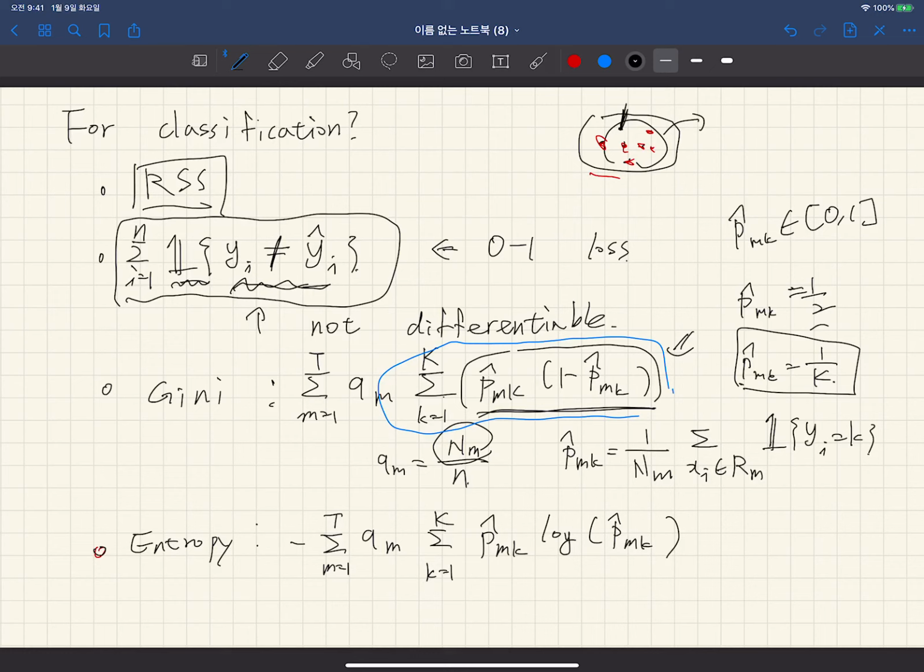Entropy is also a very nice measurement for your classification decision, which explains the quality of your current decision tree for the classification task. These two are very popular choices of classification loss function.